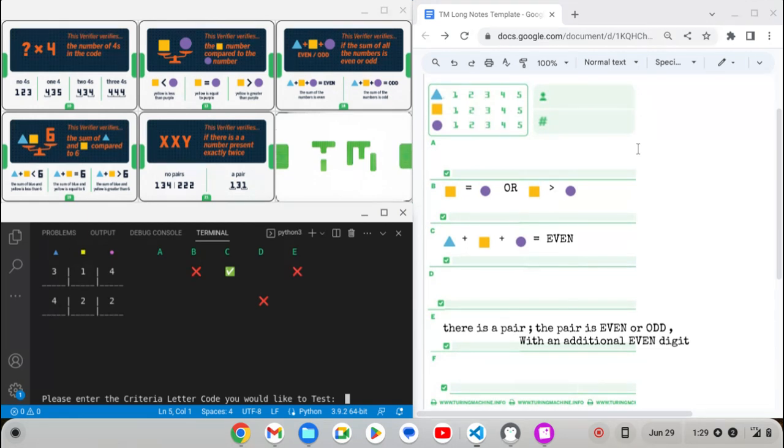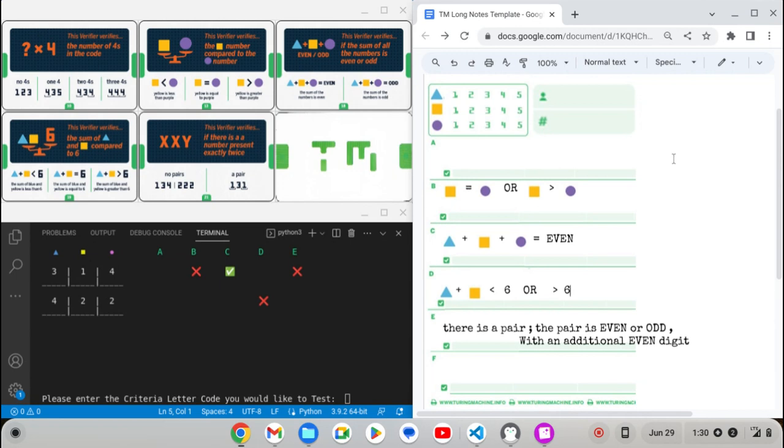So that was section D, or criteria card D. So we know that triangle plus square, the sum is either less than 6 or greater than 6.